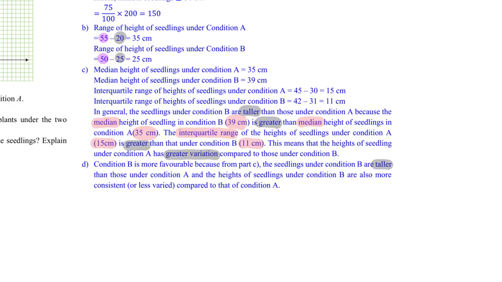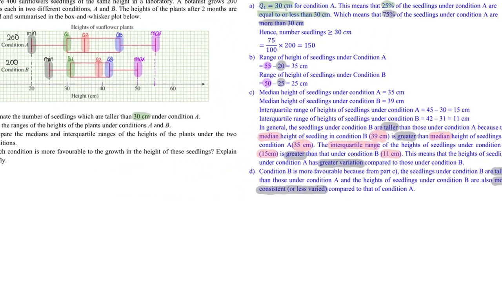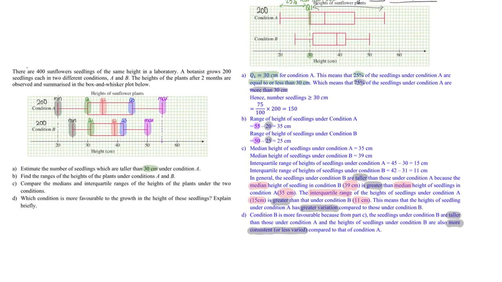We look at the median. It is also more consistent, or less varied, because we can get this answer from the interquartile range. And because of these two factors, condition B is actually better, or more favorable, to the growing of these seedlings.